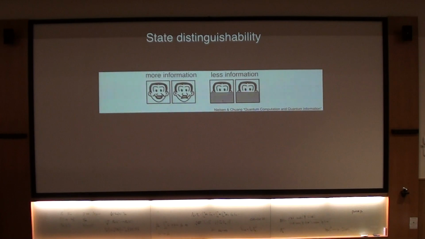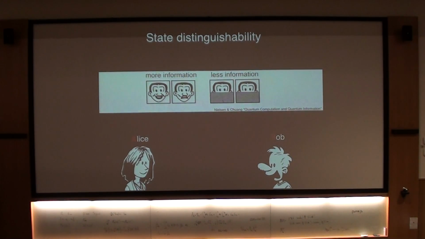Again, this is a quantum information idea. This picture I took directly from Wilde and Chuang. So more information, less the connection between the amount of information we have on states and how much we are able to distinguish between them, which is quite intuitive.